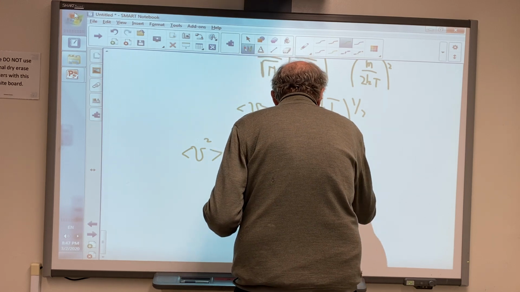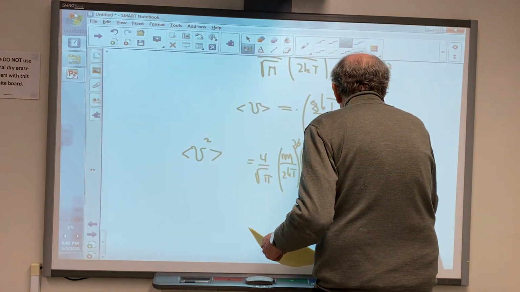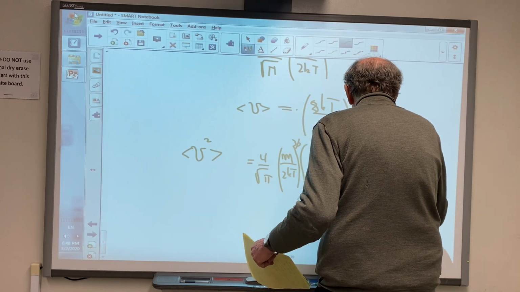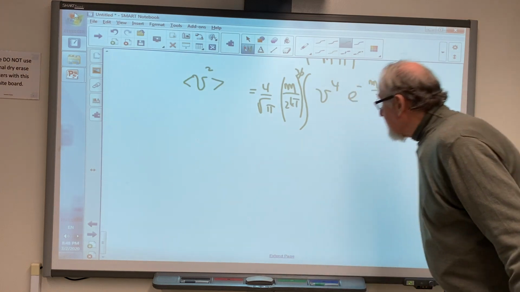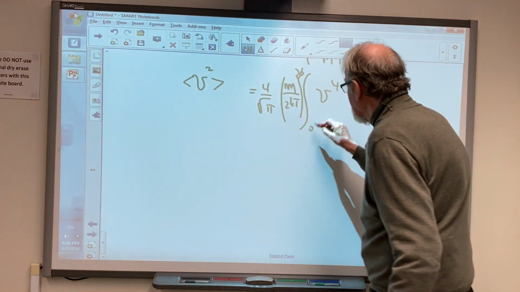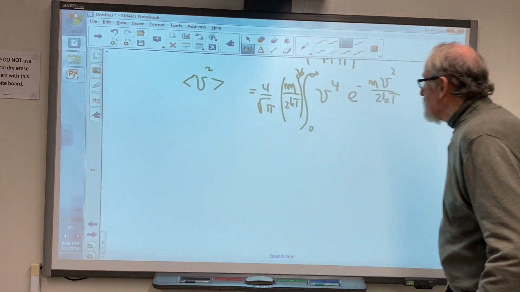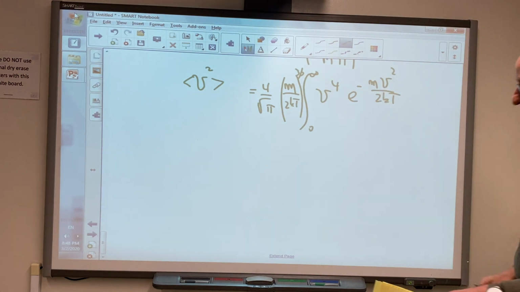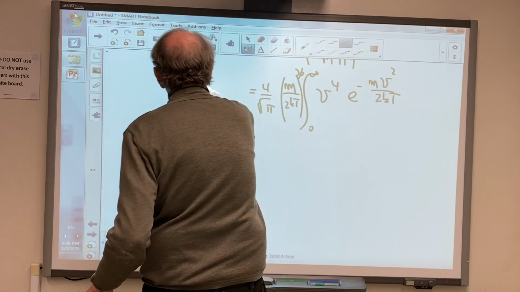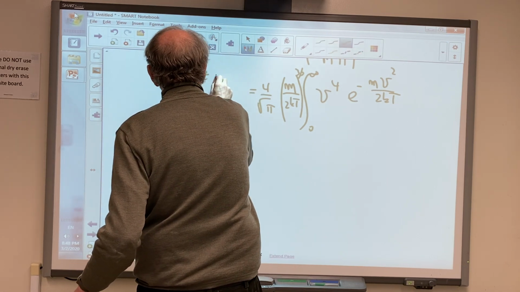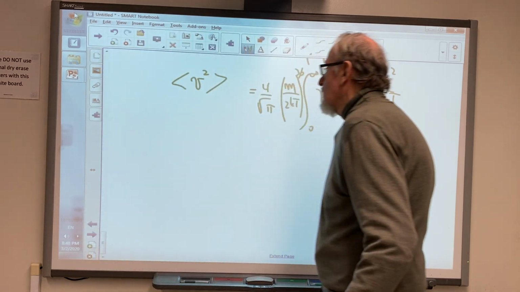And now we have v to the 4 e to the minus m v squared over 2kT. So you see all the Gaussian integrals that I told you had some purpose here. So this will give me the average v squared. I am taking the quantity v squared and I am averaging. I am not averaging v.